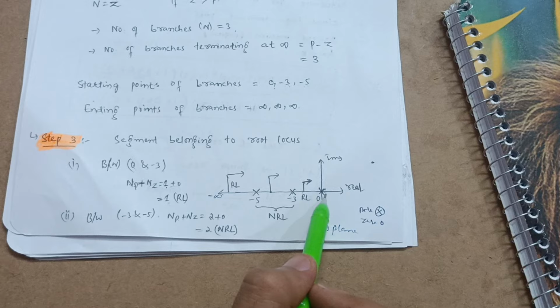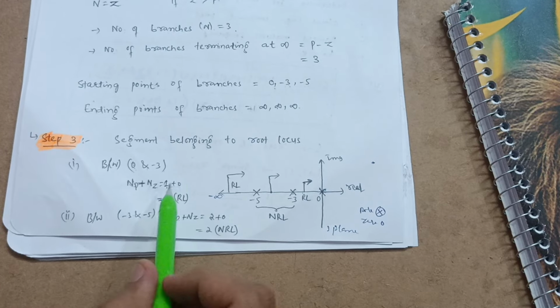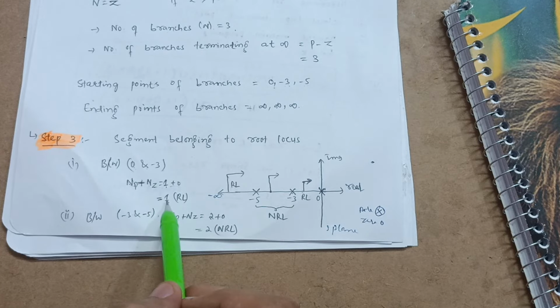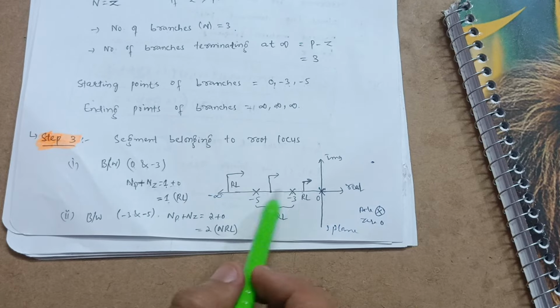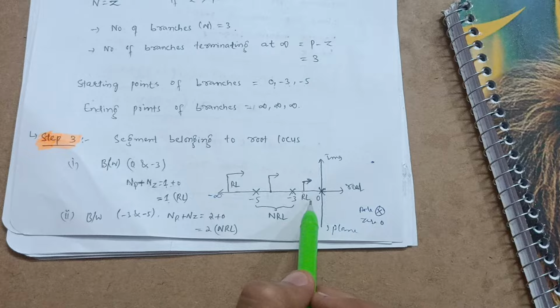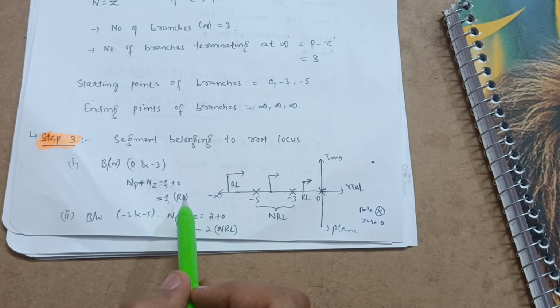So 1 plus 0 is 1. Here I am getting an odd number, so that means root locus exists between these poles 0 and minus 3. If I am getting an odd number, that means root locus exists.